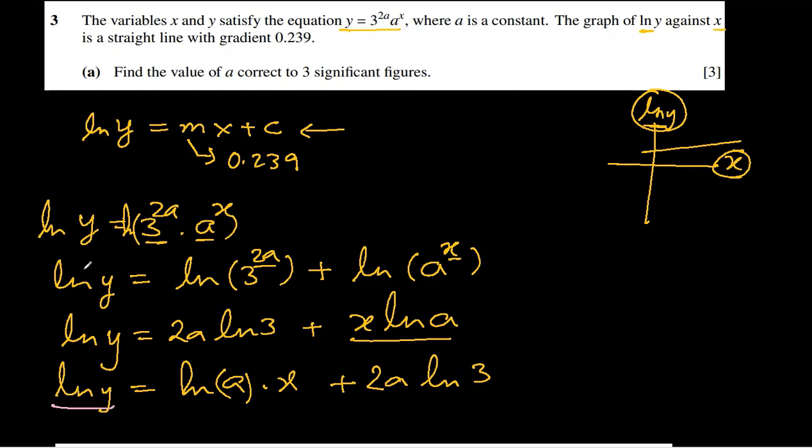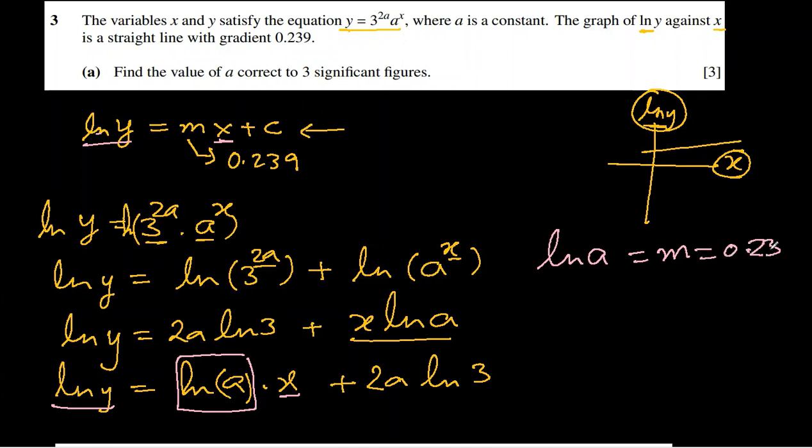Ln y is ln y, very good. x is x, very good. That means ln a is m, the gradient, which is 0.239. Okay, and this is c. y equal to mx plus c, right? Why c? Because it's a constant.